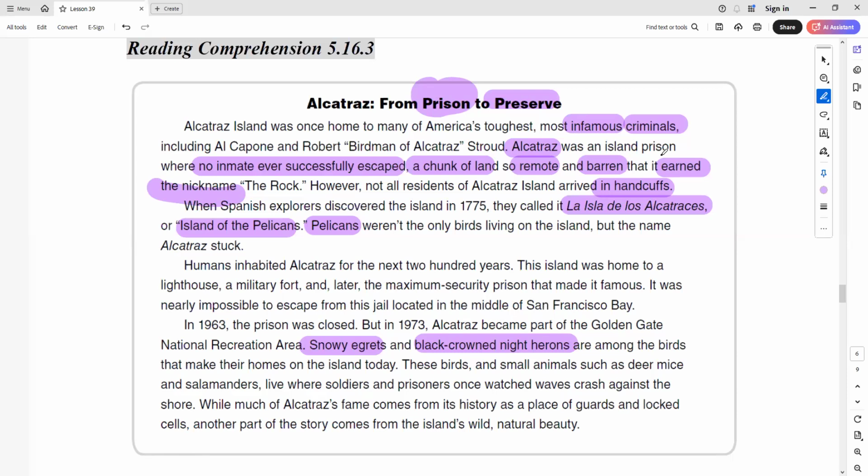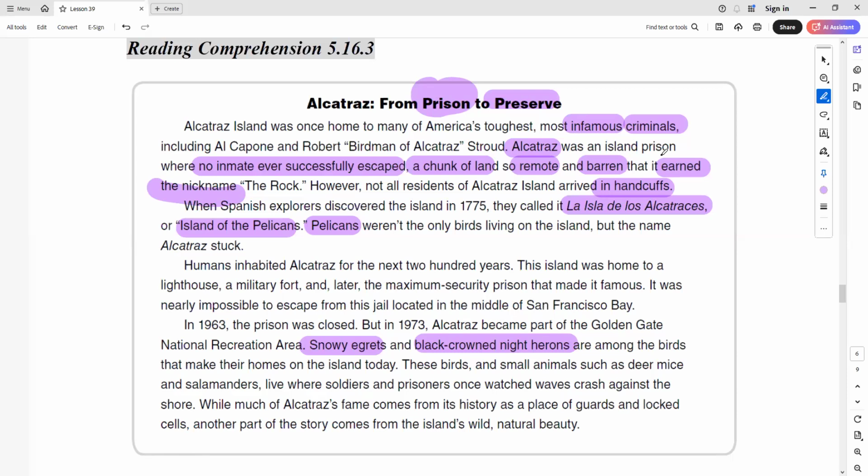Located in the middle of San Francisco Bay, OK, in the San Francisco Bay, right in the middle, so it is hard to swim to the other shore, so no one has successfully escaped. In 1963, the prison was closed. It closed in 1963, but in 1973, Alcatraz became part of the Golden Gate National Recreation Area.